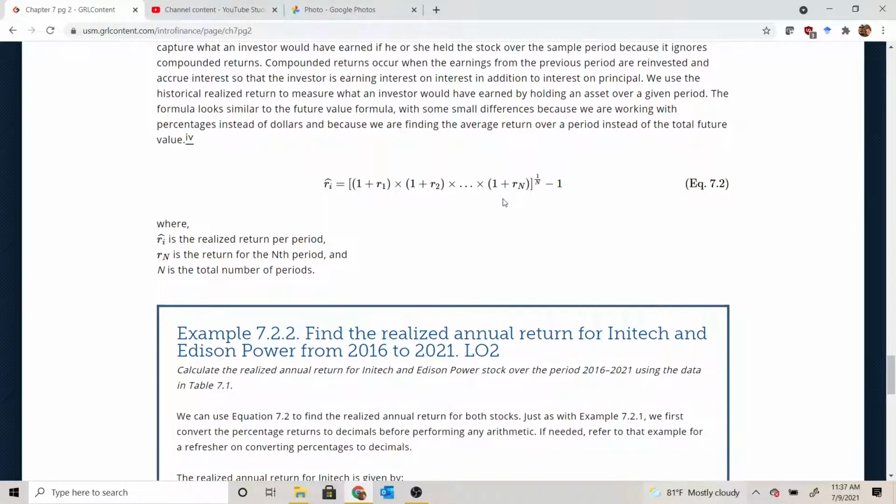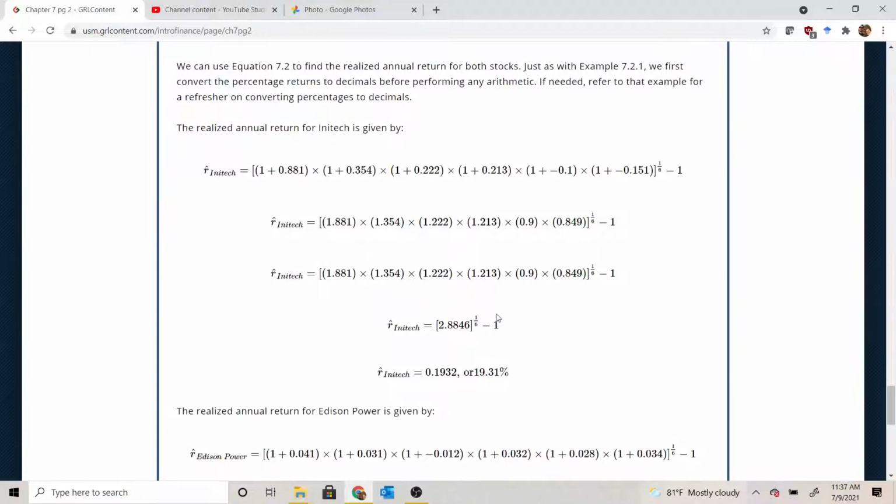Most of the time, we report returns on an annual basis, so in order to annualize this, we're going to raise it to the 1 over n, where n is the number of years of observations we are looking at here. Okay, and that'll take it down from a total return to a realized annual return for this period. So that's what the exponent does for us here. And then of course we've got to subtract 1 off because we added 1 to all these to make the math work for us. And we take that back off and we can make it work. So we can see that calculation here.